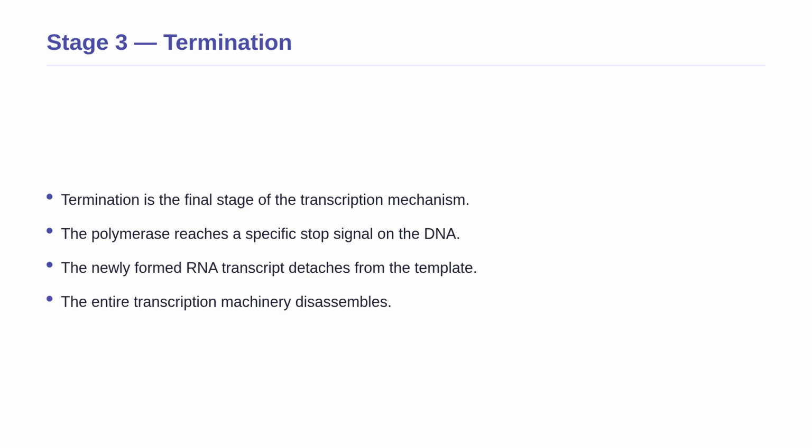After the entire gene has been copied during elongation, the process must eventually come to an end. This brings us to the third and final stage, termination. The RNA polymerase does not just guess when to stop. It continues until it reaches a very specific stop signal encoded directly in the DNA sequence.